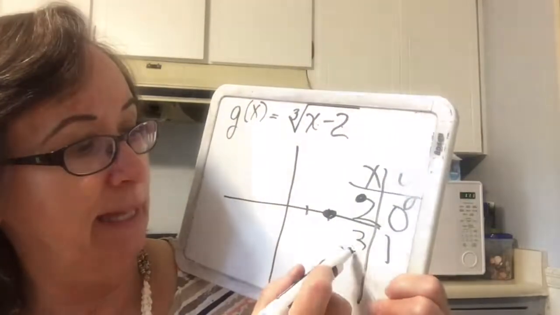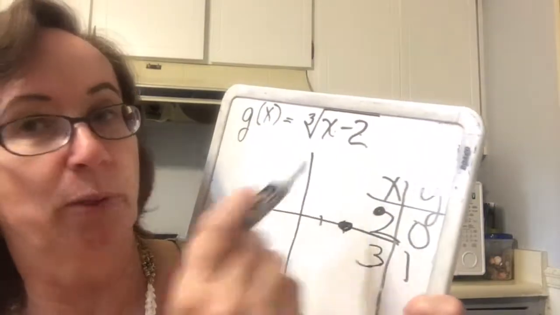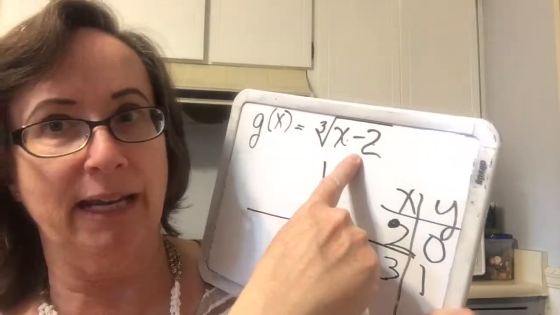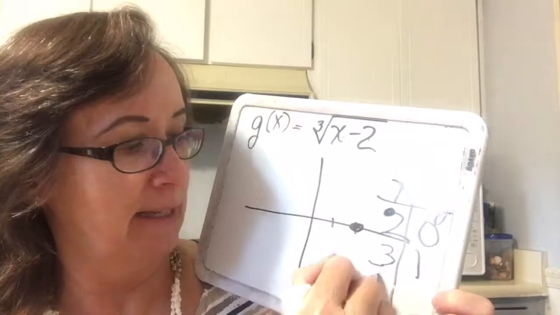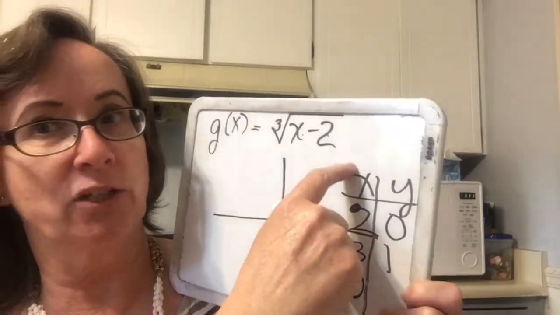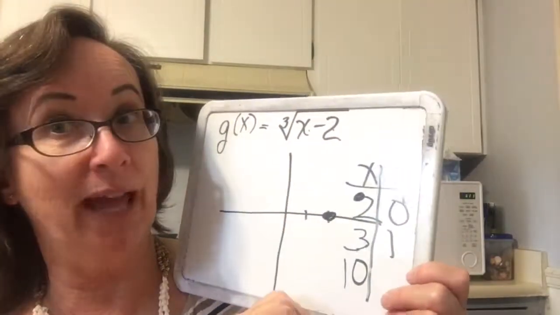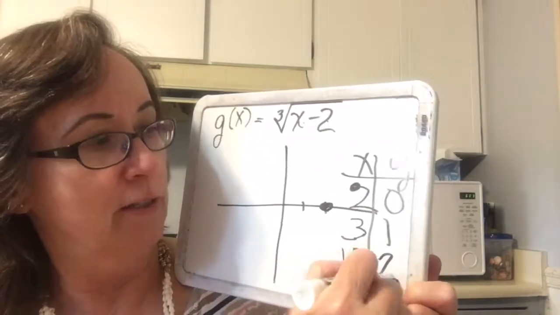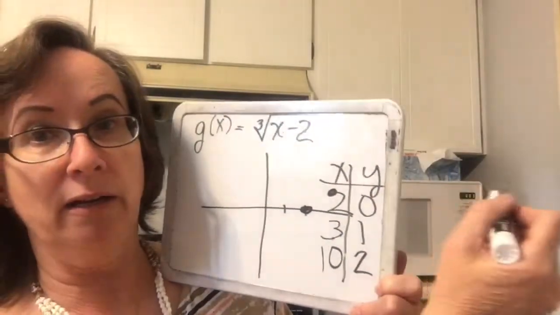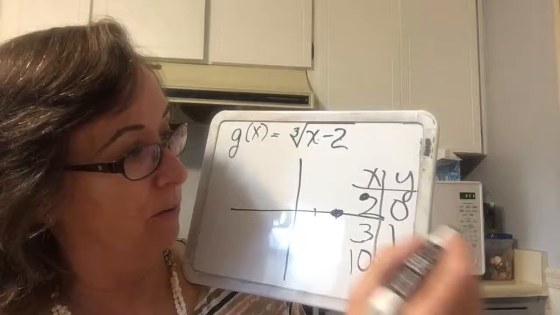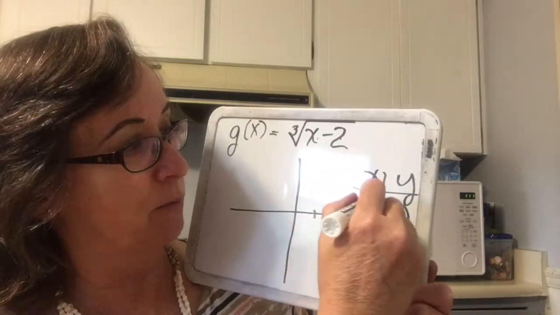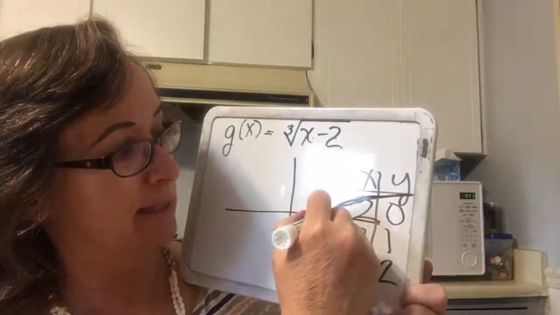Okay. And then if I wanted an 8 under there, I'd have to put a 10 in for x. So 10 minus 2 is 8, and the cubic root of 8 is 2. So way over here somewhere would be 10, 2. All right, so we know that the sweep is going to go up just like this.